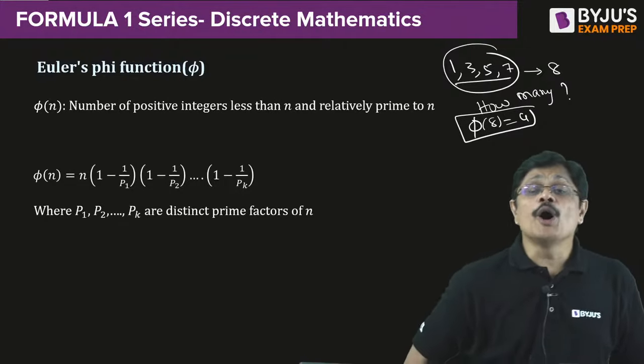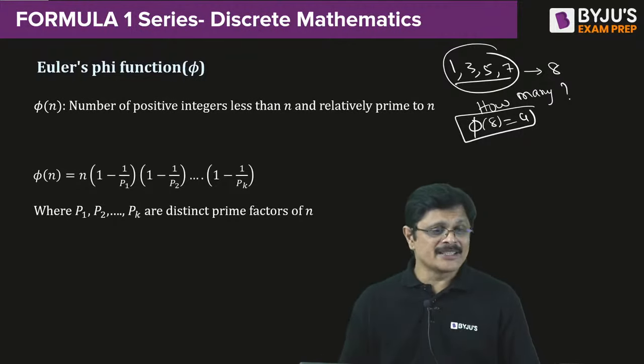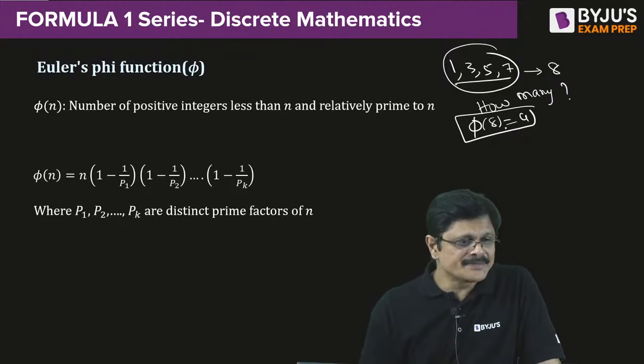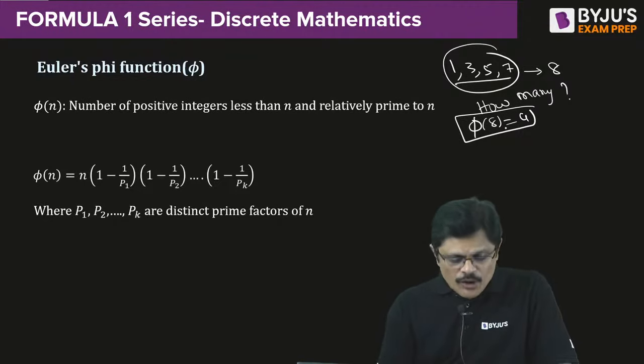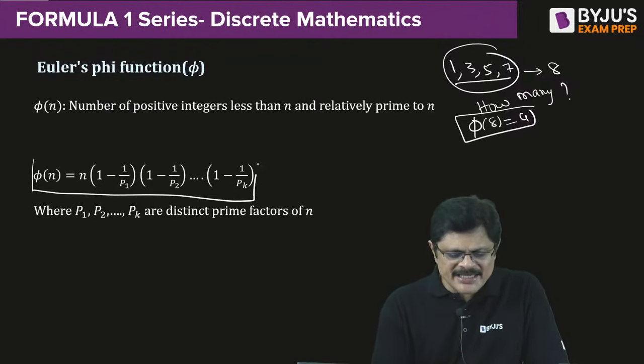It will tell you how many are there. Am I clear, sir? Clear or not? Hope you understand. So for that the formula is this, my dear friend. Phi n is this one.